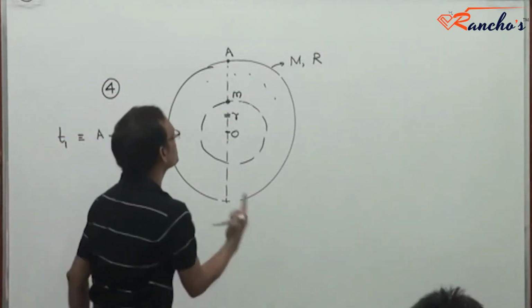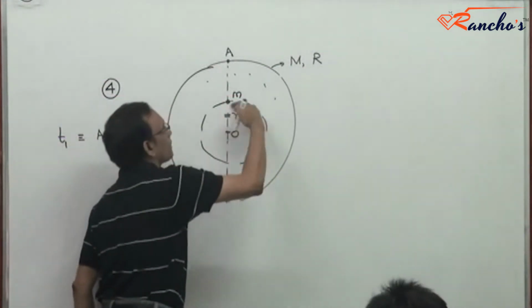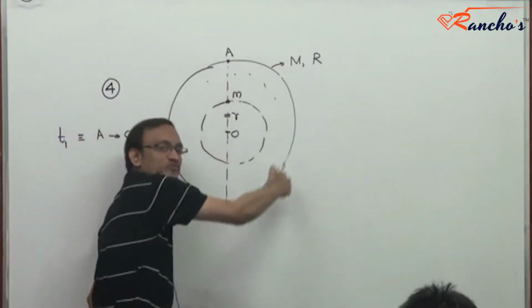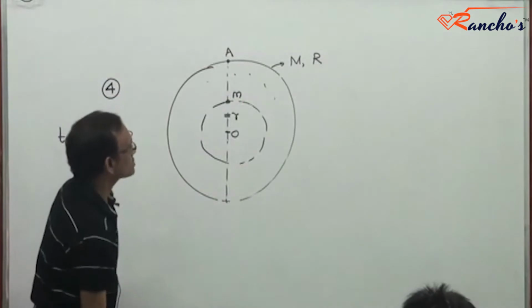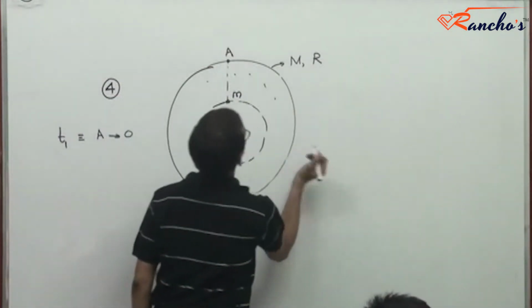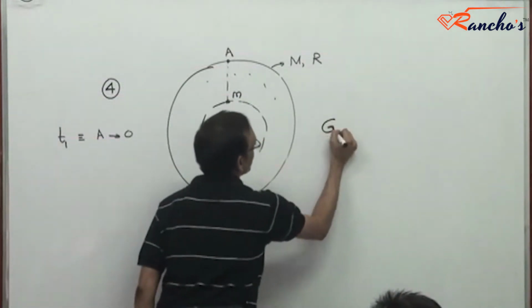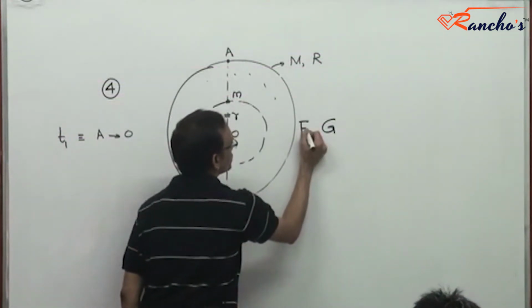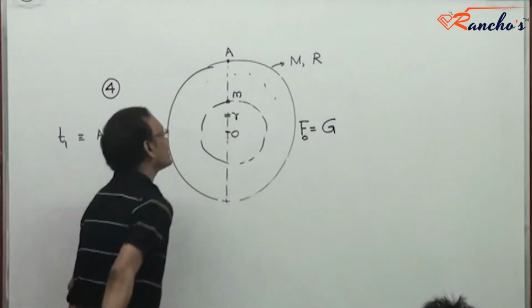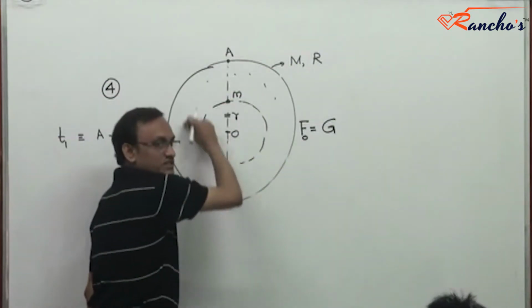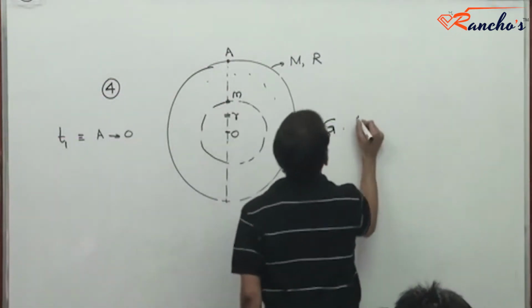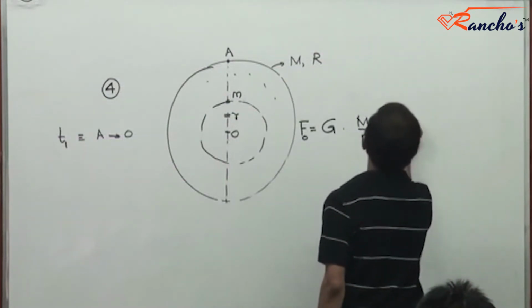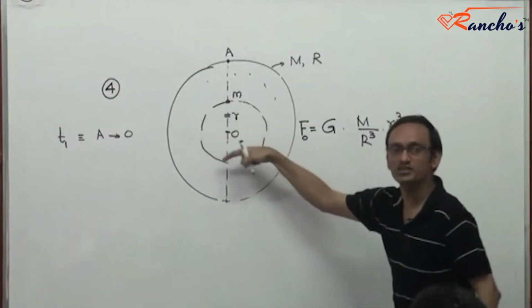It's going to experience a force because of this inner sphere, not because of the shell. So now, the force that it experiences towards O is G times the mass of this inner sphere, which is M by R cubed for the bigger sphere into small r cubed.